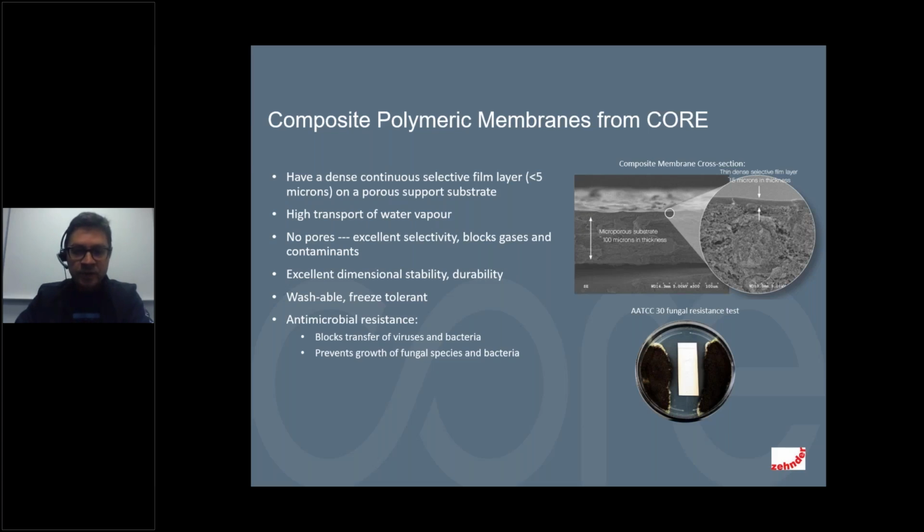And so by having this composite layer, we're able to make that very thin layer and have high water vapor transport. Due to that dense polymer layer on the one surface, we have no pores in that layer, so it provides a very good barrier to air and contaminants.